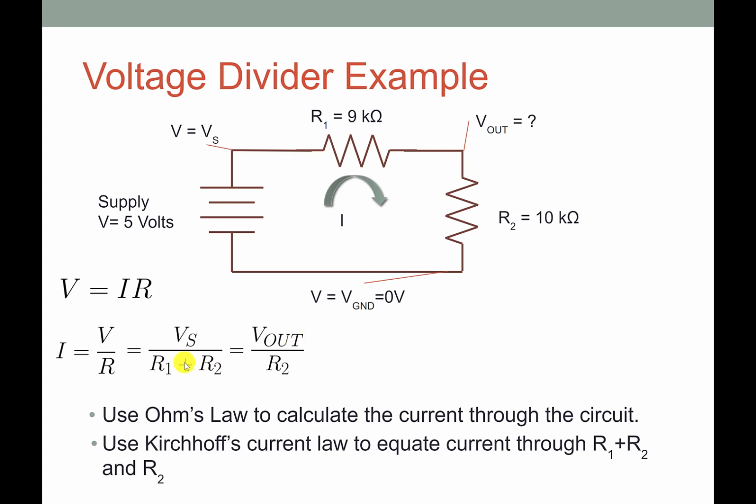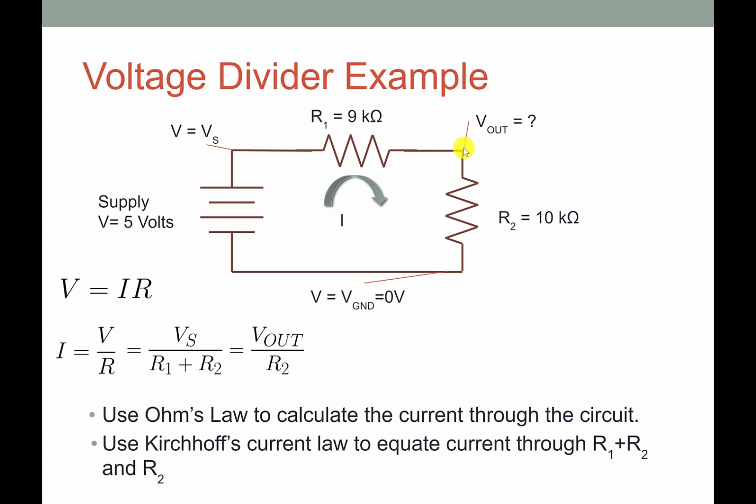So I can say that the current across the entire circuit between the supply and the ground is equal to the voltage drop between the supply and the ground divided by the sum of the resistance that is going to be seen between those two points, so resistor 1 plus resistor 2. Because the current is the same all the way through, it's also the same across just this resistor.